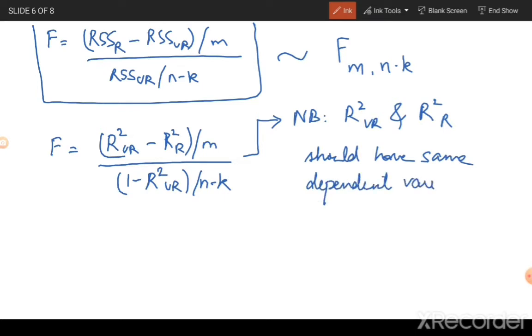That is, if it is ln y in the unrestricted model, even in the restricted model, it should be ln yi. So just remember that only if the same dependent variable is satisfied, only then can these two values be directly comparable.